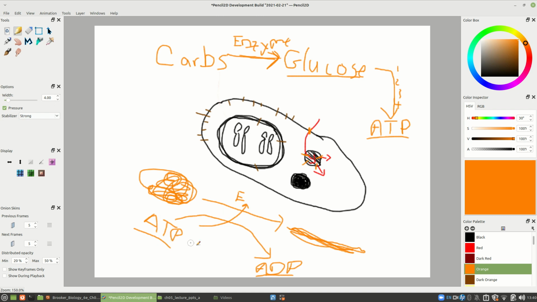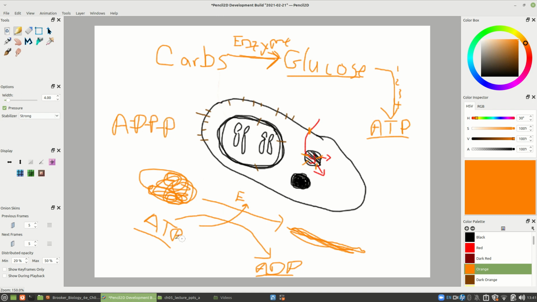Now, what is ATP versus ADP? Well, adenosine triphosphate, tri meaning 3 phosphates, means it has 3 phosphates stuck onto an adenosine. Without going into a lot of chemical structure, just think of it as an adenosine with 3 phosphates, which I'll draw as P's on here.